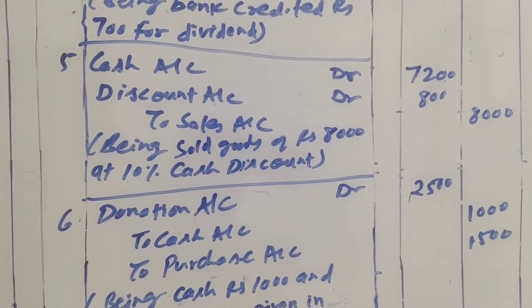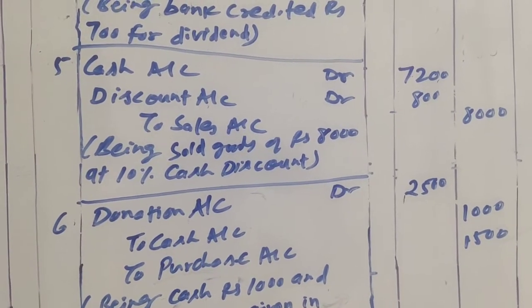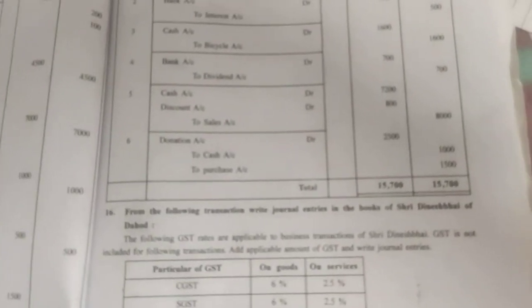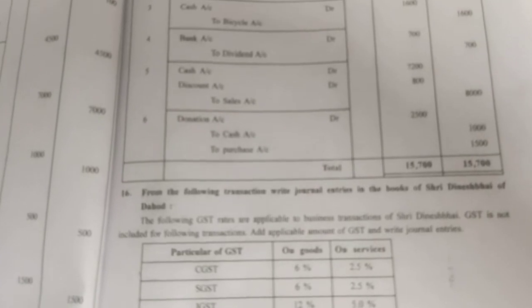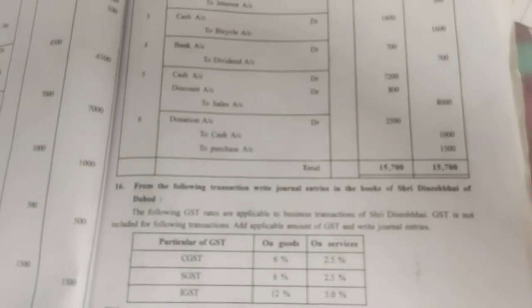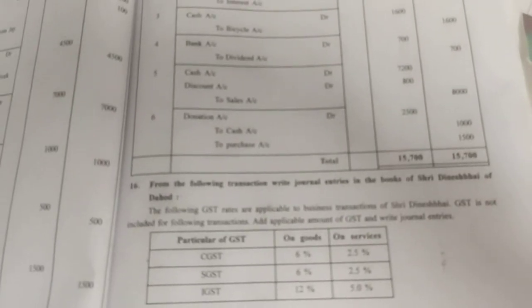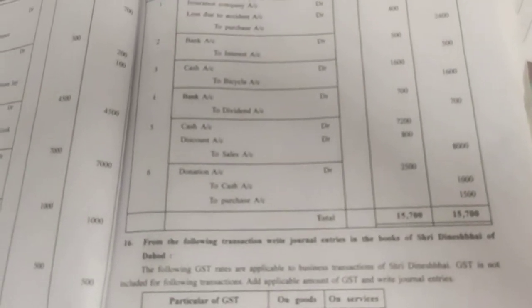Okay, let's move to the next, that is the last transaction. Donation account debit 2500 to cash account 1000 to purchase account 1500. Here donation account is debited and purchase account is credited. If purchase account is credited, there is an outflow of goods other than sales. We will know the reason from the debit side. The debit is donation.